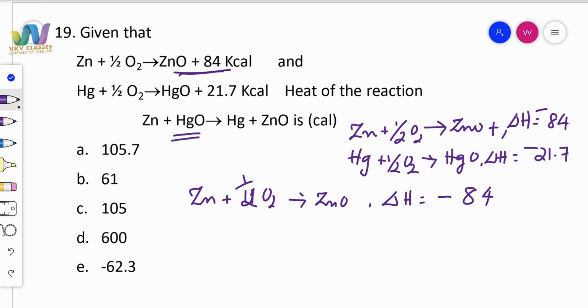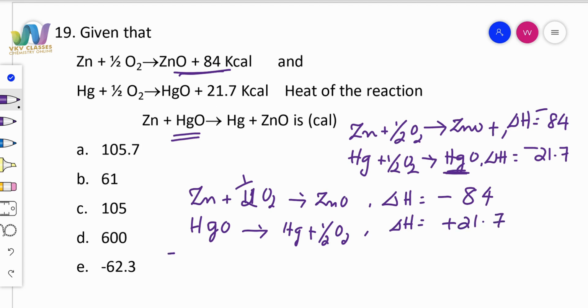Secondly, you require HgO. HgO comes here as the product. So you have to reverse the equation. So when you are reversing, you will get HgO gives Hg plus half O2. Delta H becomes plus 21.7.